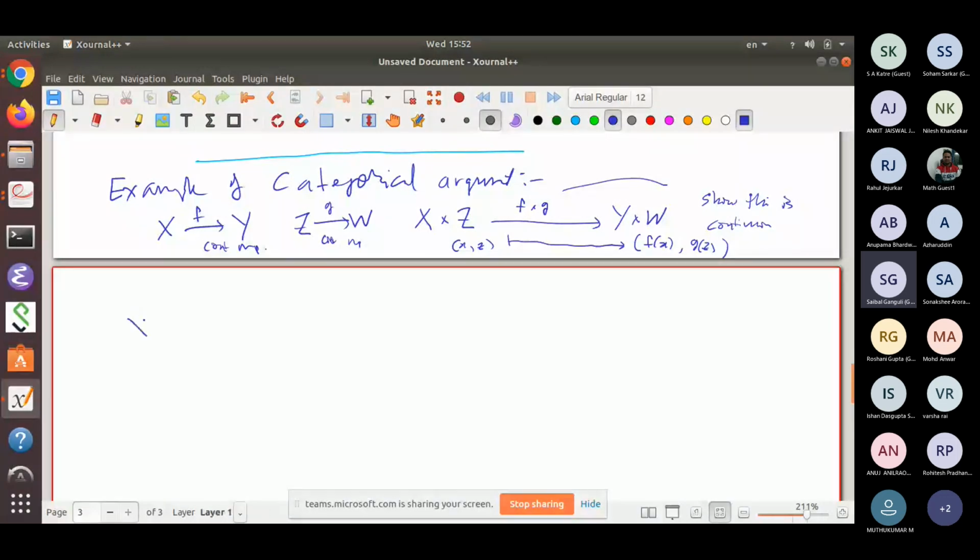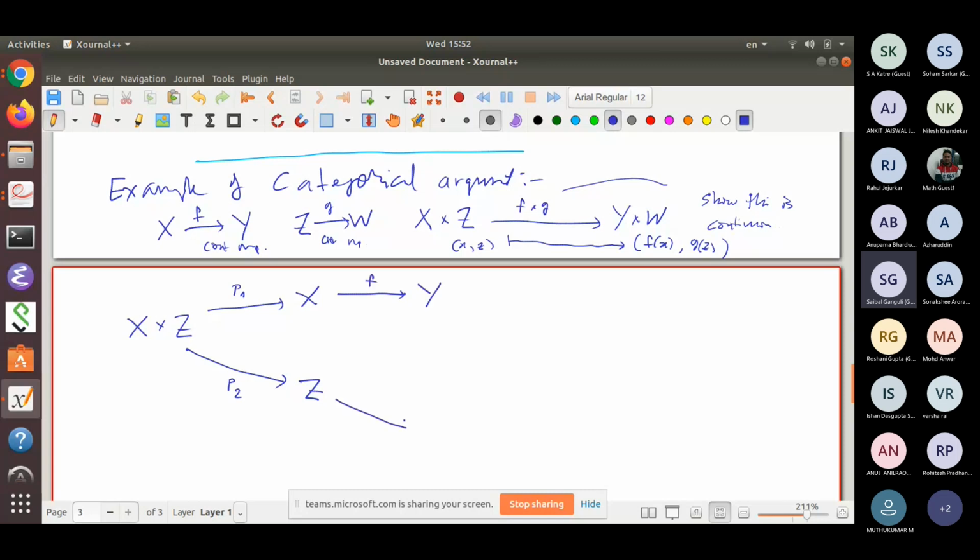So what happens is X cross Z has first of all a map to X. What's this great map? Projection on X. It also has a map to Z. That's called projection on Z. Now there's a composite map going to Y. This is f.